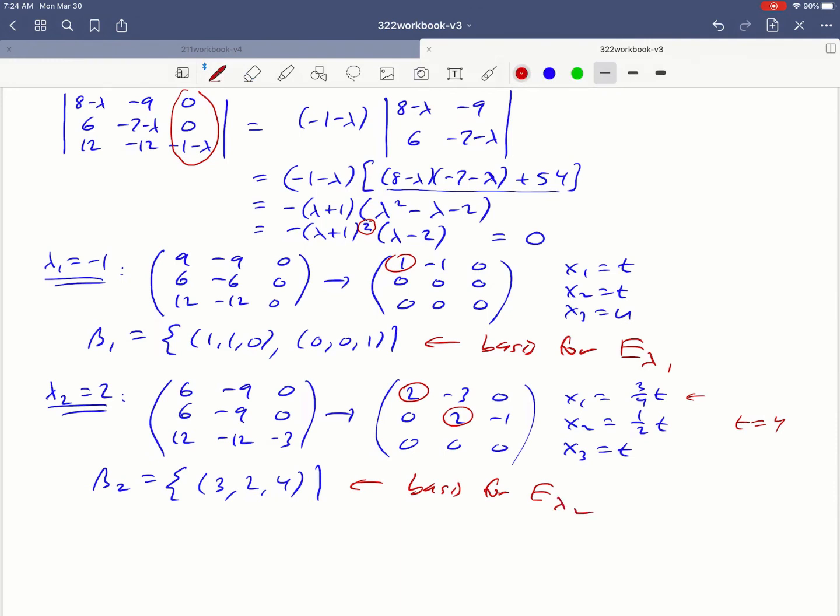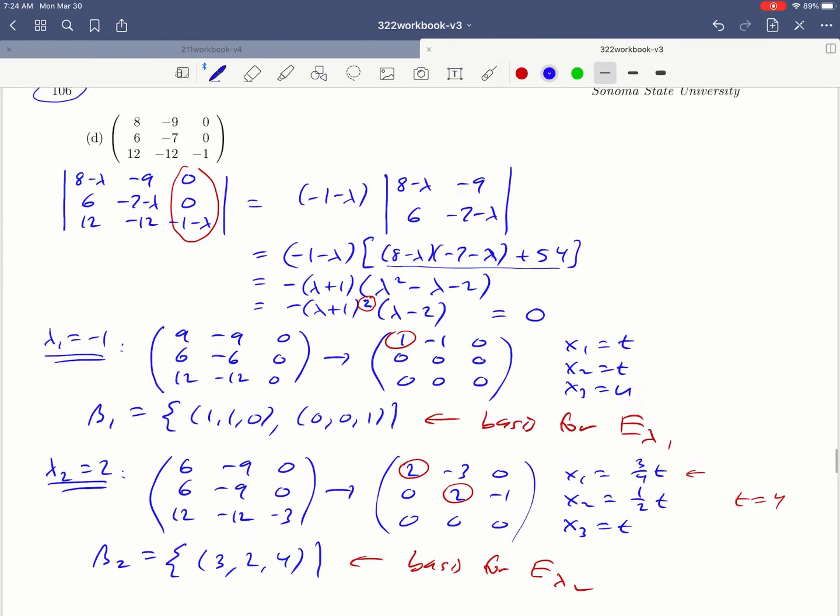All right, so question for you. Based on our calculations, is the matrix that we started with diagonalizable? Well, that comes down to the question of, do we have enough eigenvectors? If we go back to the characteristic polynomial, -1 had a multiplicity of 2, and we got 2 eigenvectors, so far so good. And the eigenvalue 2 had a multiplicity of 1, and we got 1 eigenvector.